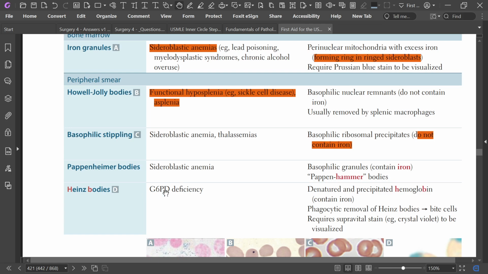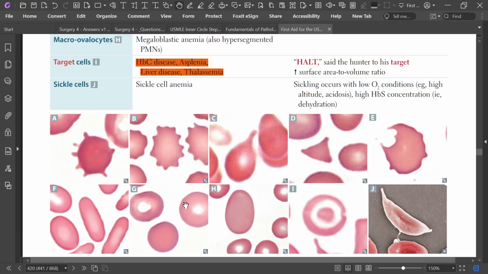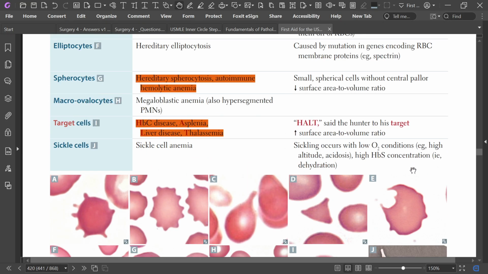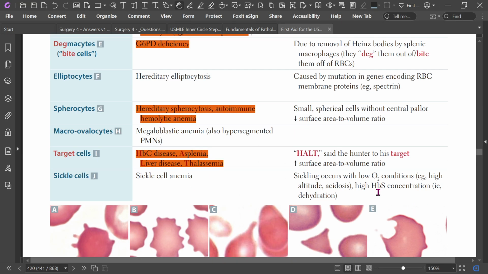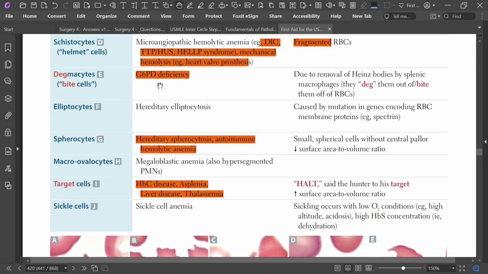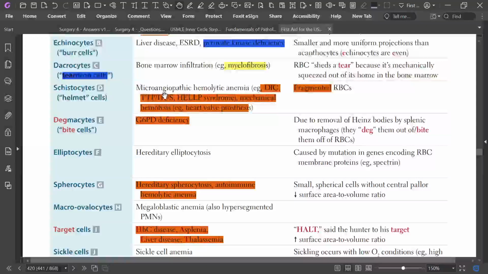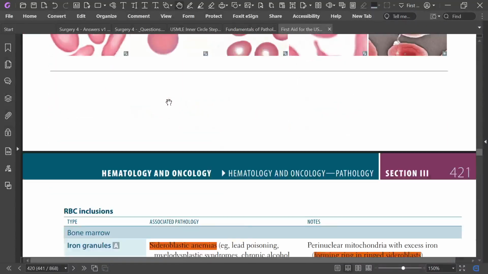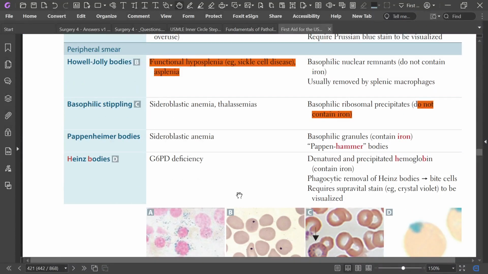And the Heinz body is seen in G6PD deficiency. With Heinz bodies, which cell will you get? Bite cell. In G6PD, there are bite cells in the RBC morphology on the peripheral blood smear.